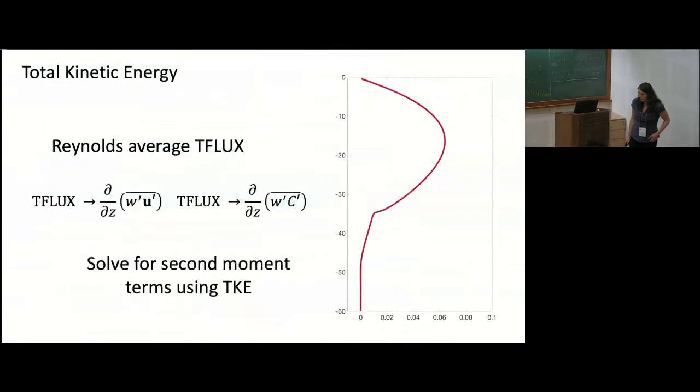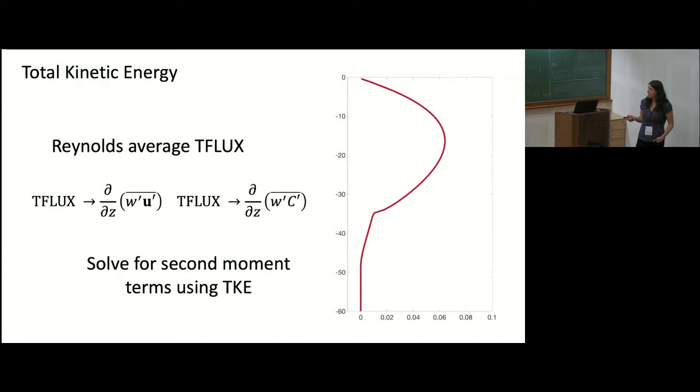All right, so another very common way to approach mixed layer dynamics in the ocean is to use a total kinetic energy approach, a TKE approach. I'm not going to talk about this here, but it's a huge part of the literature. There are many different ways to do this, but basically you're taking the viscous terms, you're using Reynolds averaging to come up with an approximation for what that term should be.